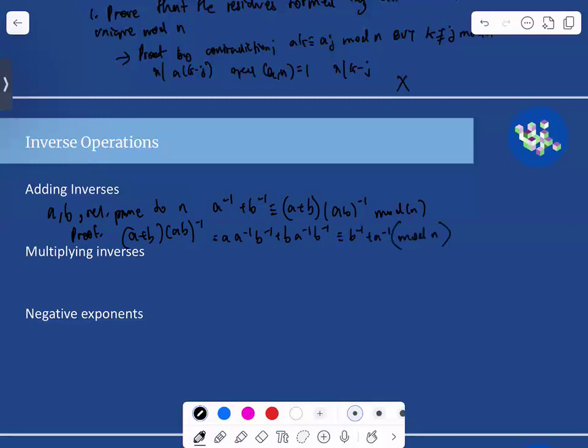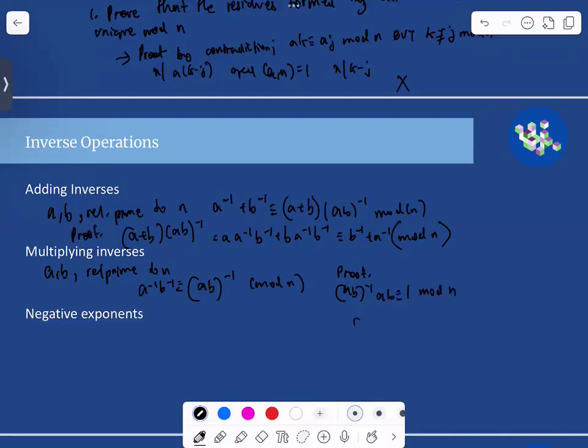And for multiplying inverses, for integers a and b that are also relatively prime to n, a inverse times b inverse is congruent to the inverse of ab mod n. And the proof for this is you can note that the inverse of ab times ab is congruent to 1 mod n.